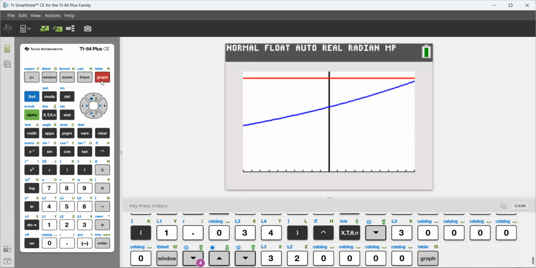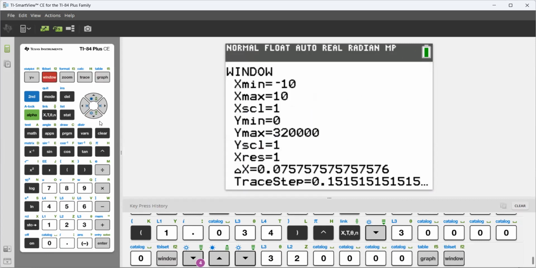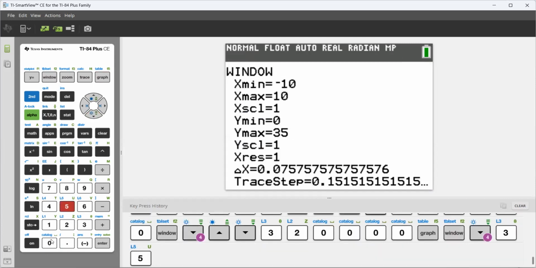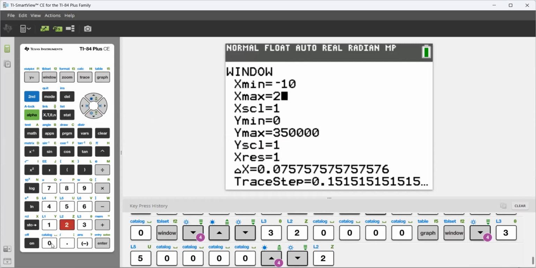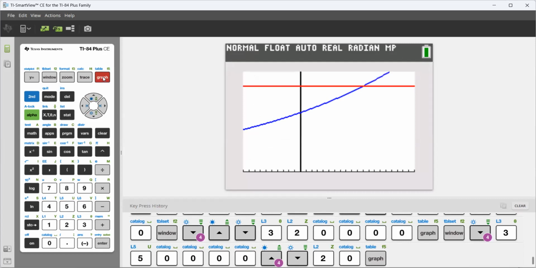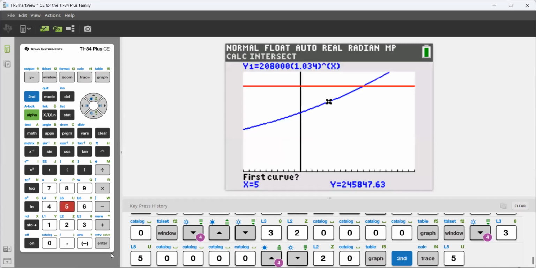Okay, so it's still not the best, so I'm going to change this y value to 350,000, and for x, I'm going to do the positive x to be 20. Okay, this is better, right? So second, trace, 5, enter, enter, enter.